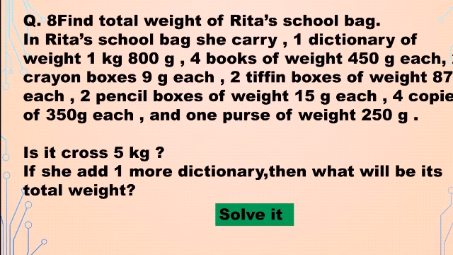Does it cross 5 kg? If she adds 1 more dictionary, then what will be its total weight? So you have to solve it, and you have to give the answer in my comment section.